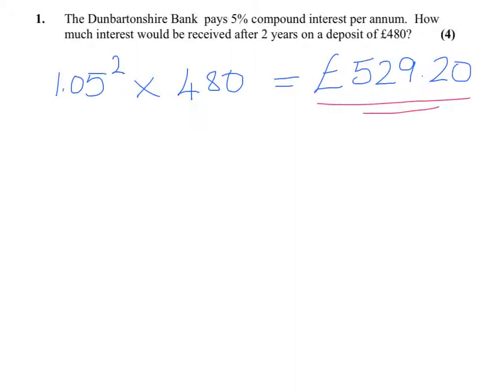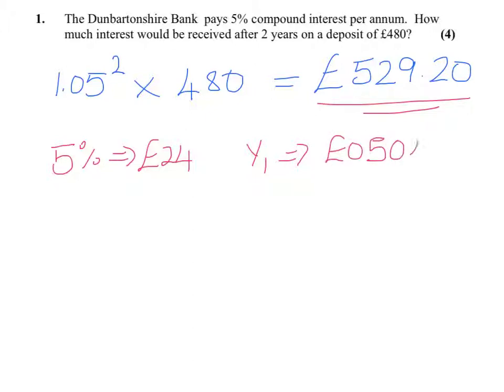Now you could also have done it the long way, so you could have found 5% of 480, which is £24. You could have added it on, so in year 1 we would have had 480 plus 24, which is 504, and then you could have found 5% of that, which would have been £25.20.